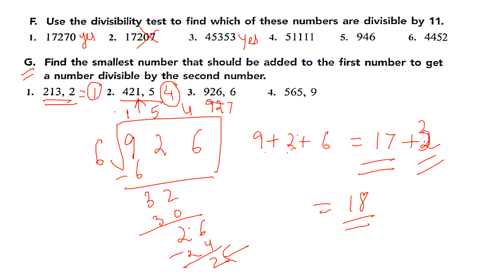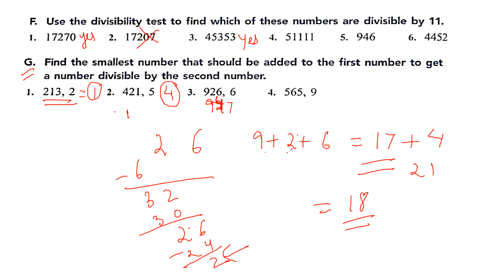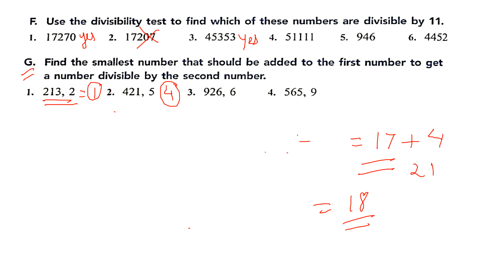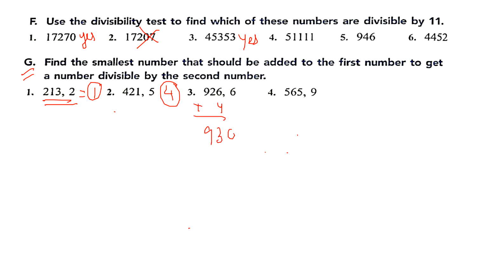Okay. So now how much more? Let us make it 3. This will make it 20. 20 is not divisible by 3. Let us make it 4. This will make it 21. So if you add 4 in this particular number, it will become 930.